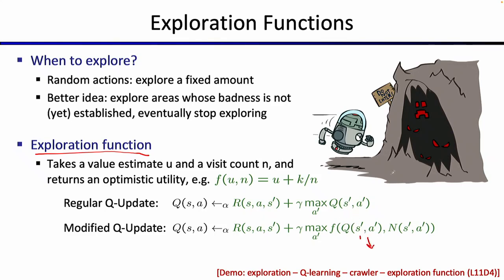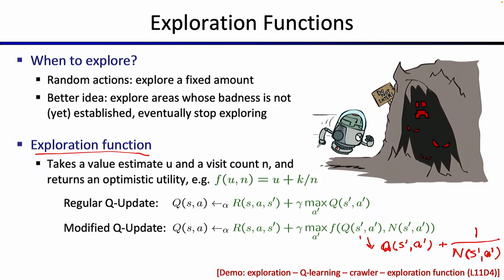So this can be expanded to Q of S prime, A prime, plus 1 over K, the number of times that we've been in state S and had taken action A prime. And this works really nicely a lot of the time.